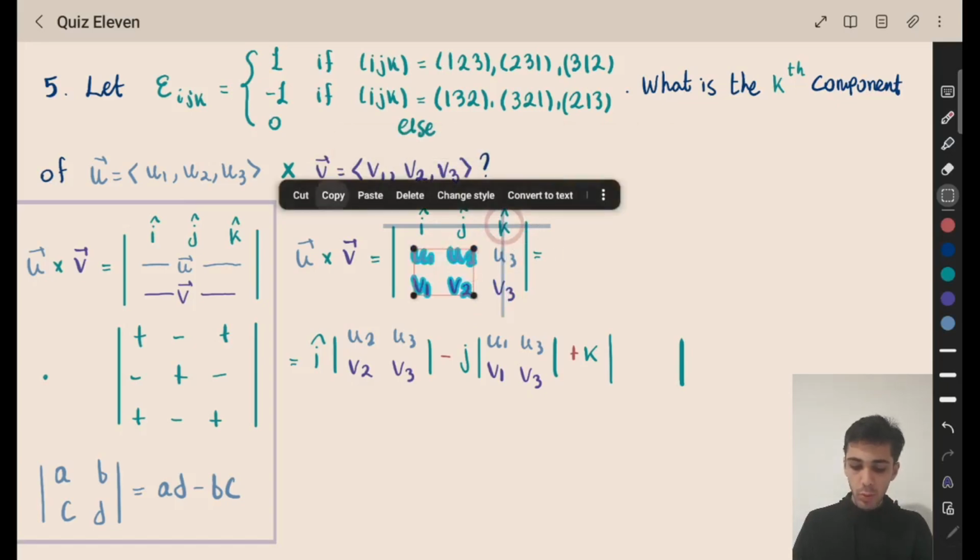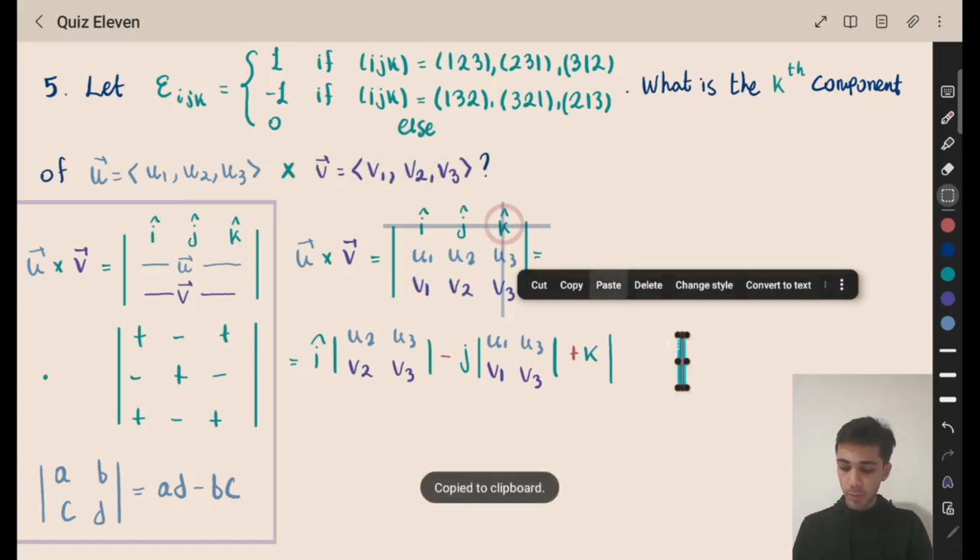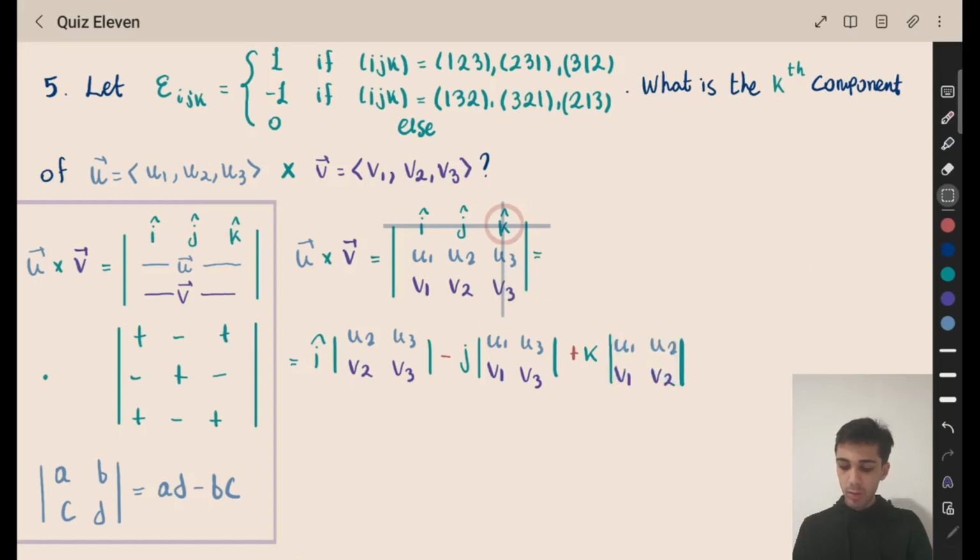And I get u1, u2, v1, v2. And I can take this even one step further. So the way we compute the matrix is we multiply this by that minus this times that. So I would actually get i(u2 v3 minus v2 u3).